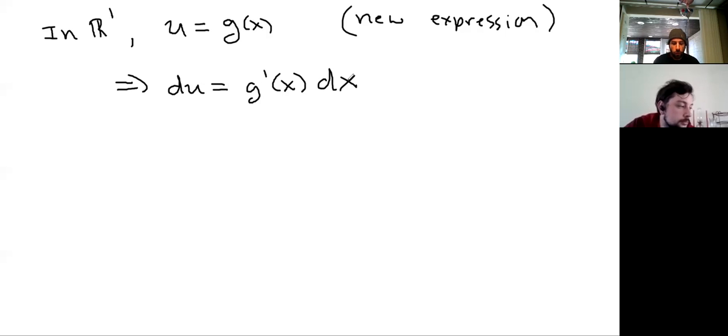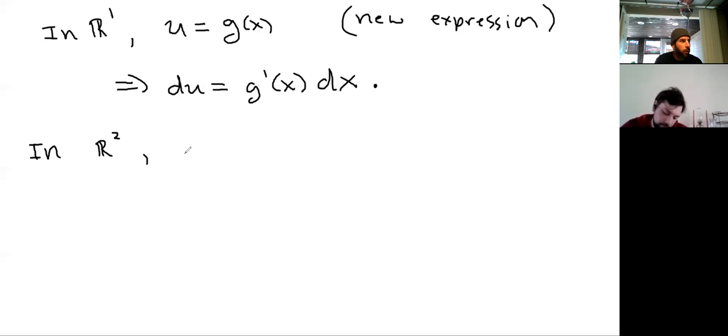So in R2, we have two expressions. Let's use our vector notation, because we're going to take a point in R2 and assign it to a new point with two expressions.